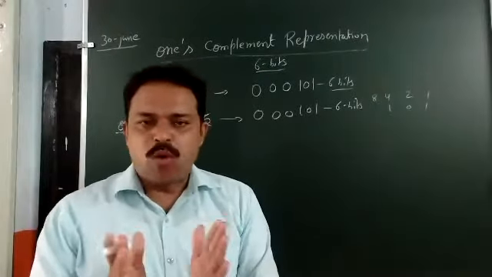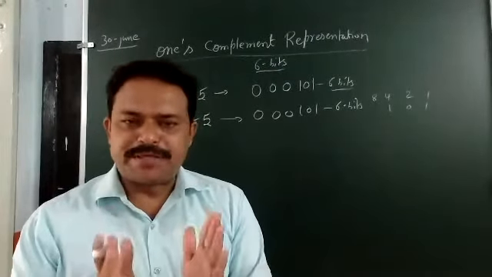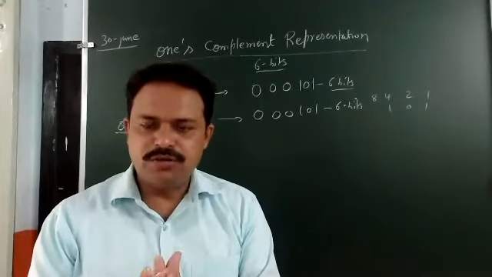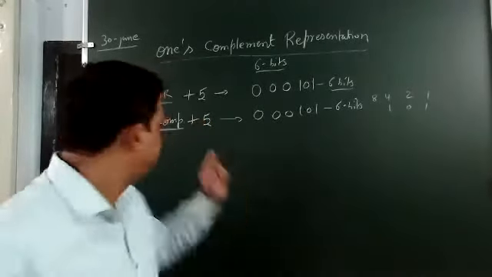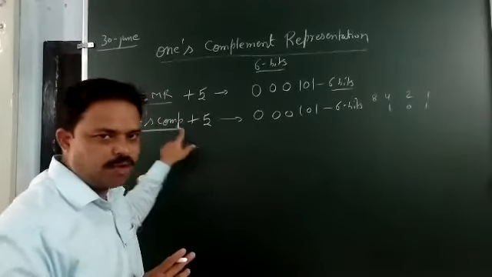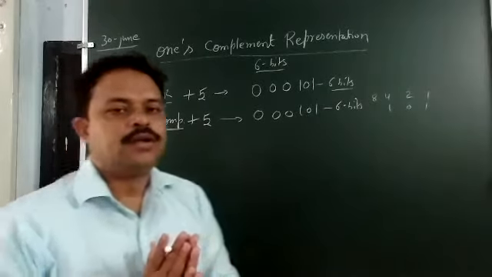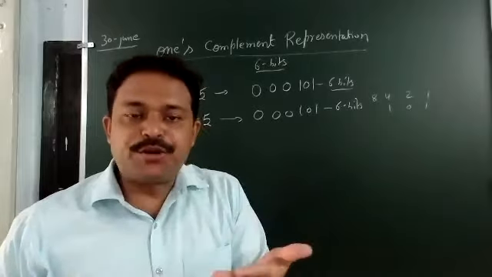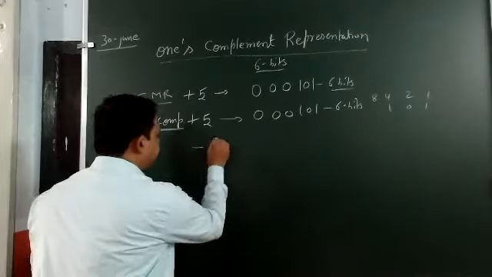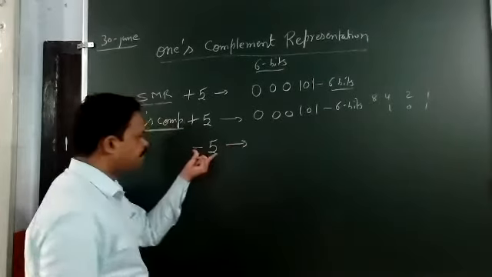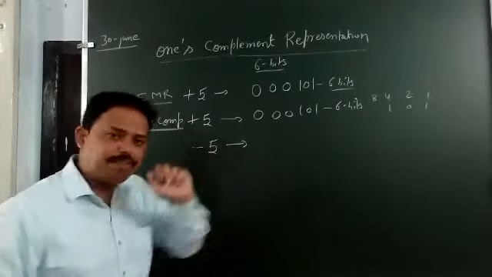Till now, to represent a positive value, we have the same logic in both cases, sign magnitude representation and one's complement. Clear now? How do you represent a negative value? Suppose I want to represent -5 in one's complement.